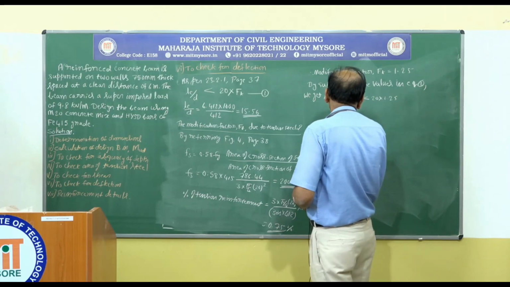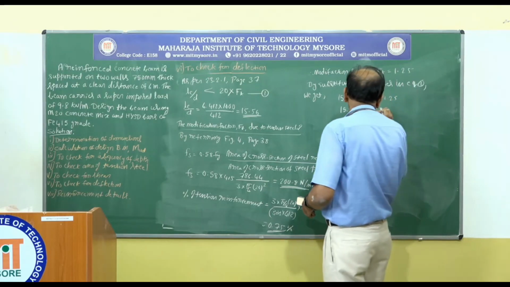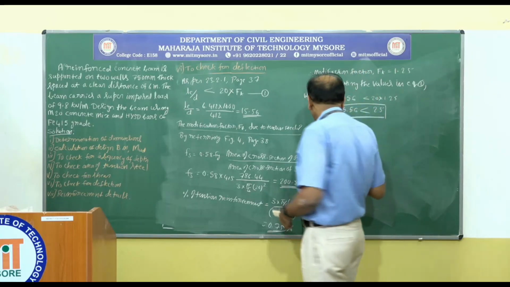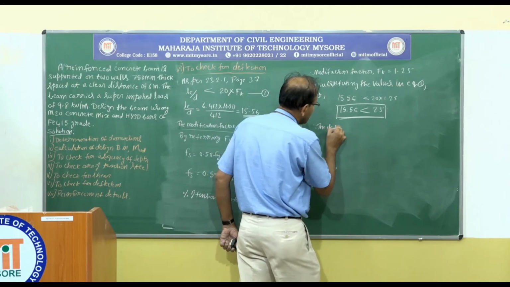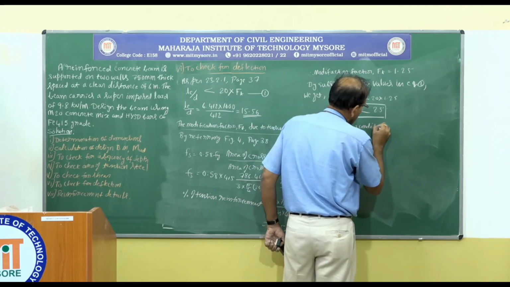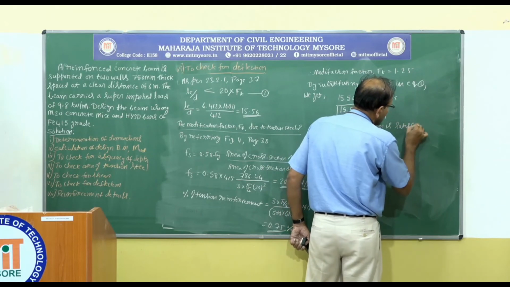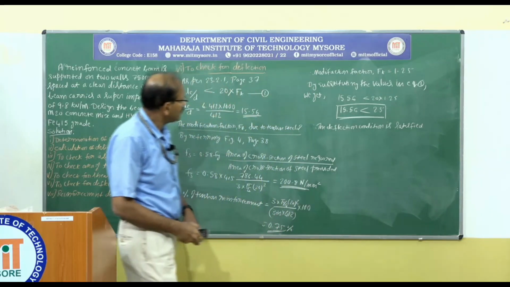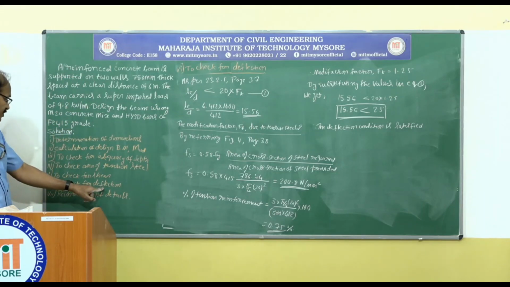That is, 15.56 is less than 25. Therefore, the deflection condition is satisfied. The deflection check is over. So step 6 is over.